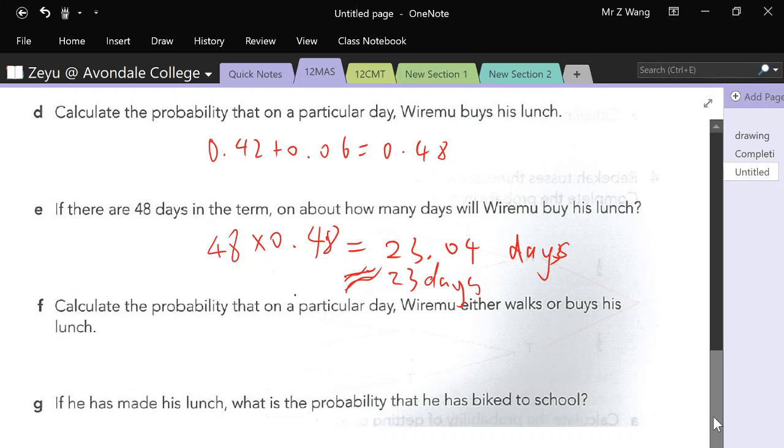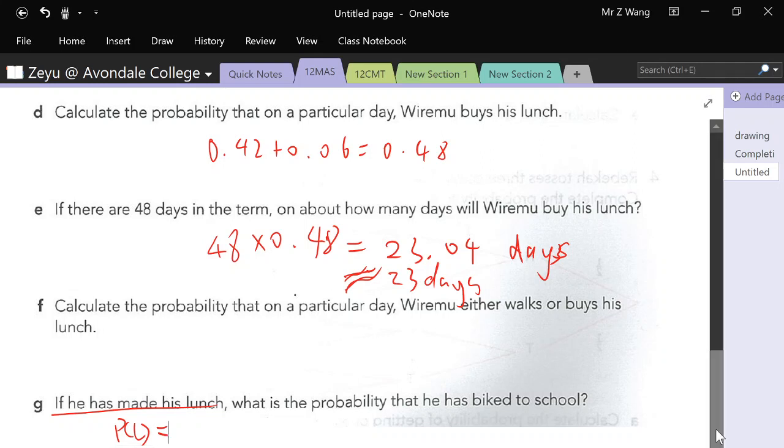Conditional? Yes. Because it's out of his lunches. It's no longer out of the jar of every day, right? It's out of the jars that only contain the marbles for when he made his lunch. So he made his lunch. What's the probability that he made his lunch?